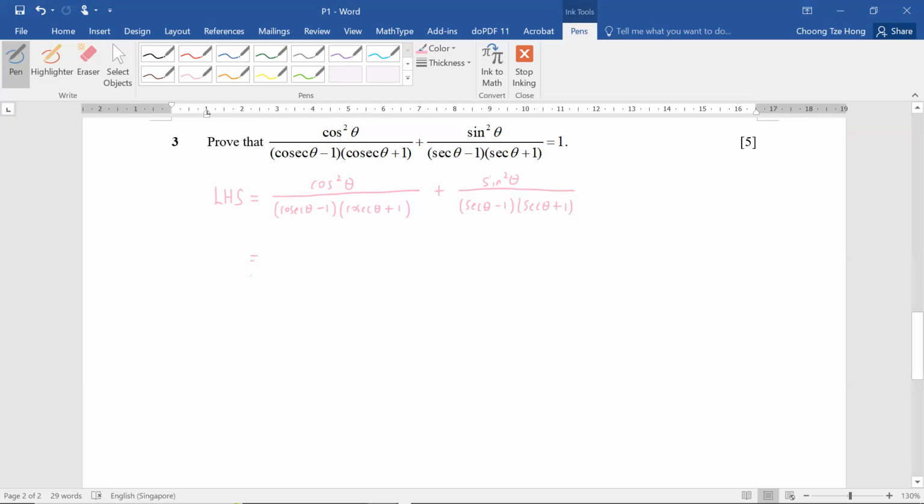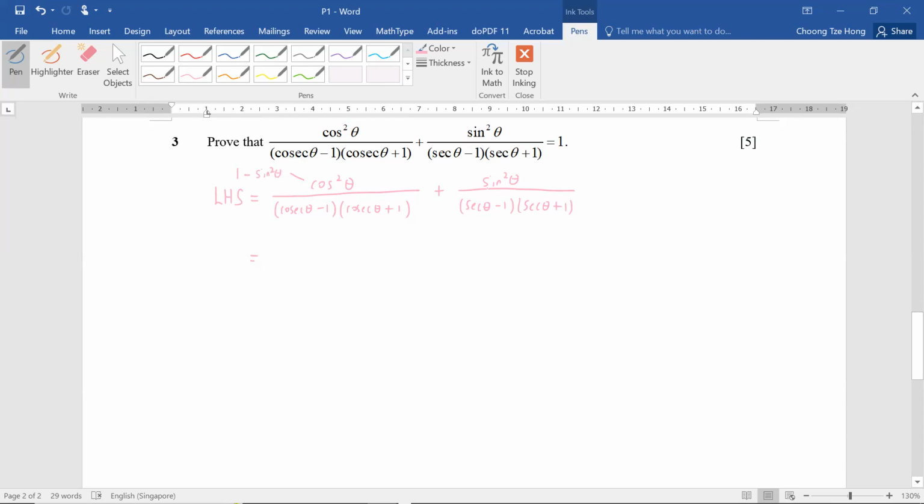Usually for this kind of proving of identities question, at each stage, I want to pause and ask myself, what can we possibly do to simplify this expression? One of the things that you may consider is to replace this cosine square theta using the identity with 1 minus sine square theta.